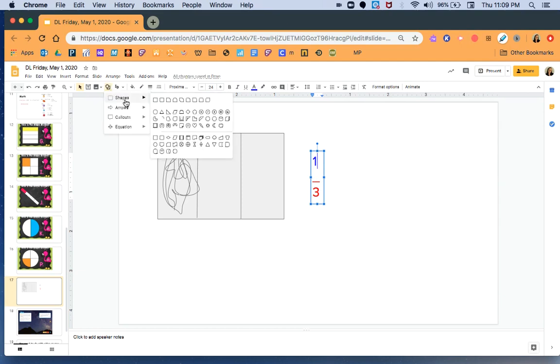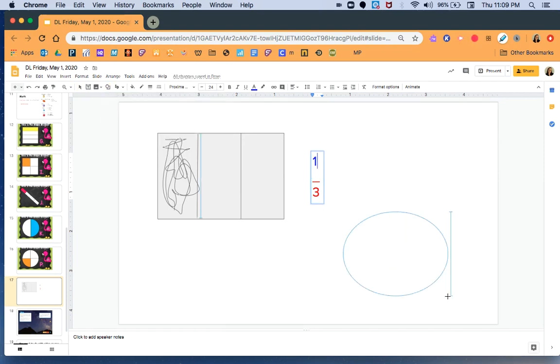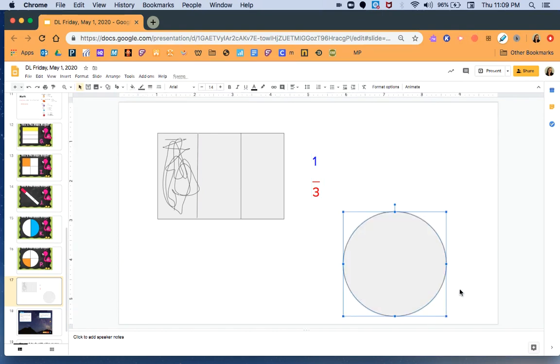Okay, let's see if I can do another one. Oh, this one's going to be a little trickier. I'm going to try a circle. Okay, so if I have a circle, can I divide this circle into equal pieces?